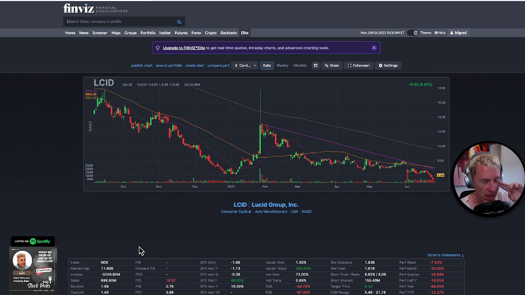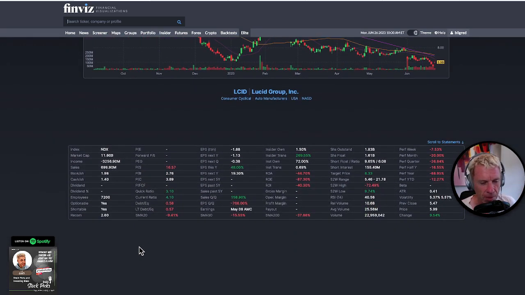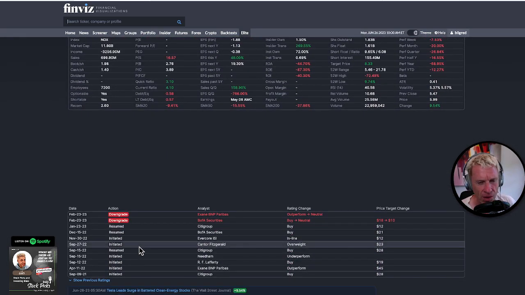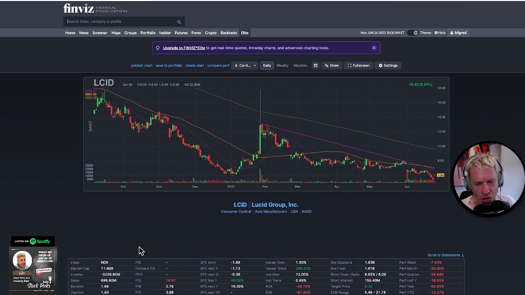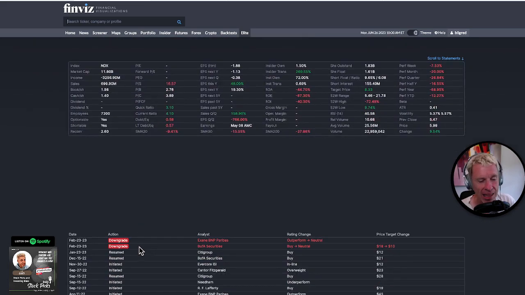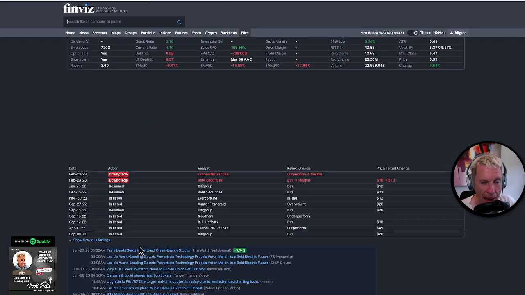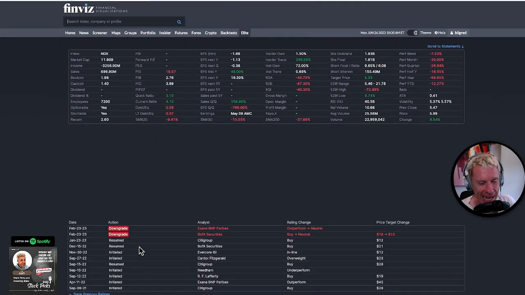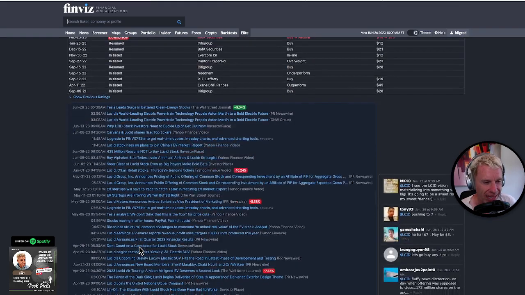There was a leak, I think, of a lower cost Lucid model coming out. The average target price is $8.33. It's trading at $6.18. I think you could buy it at $6.18, probably ride it up to about that $8 mark. The risk is okay.